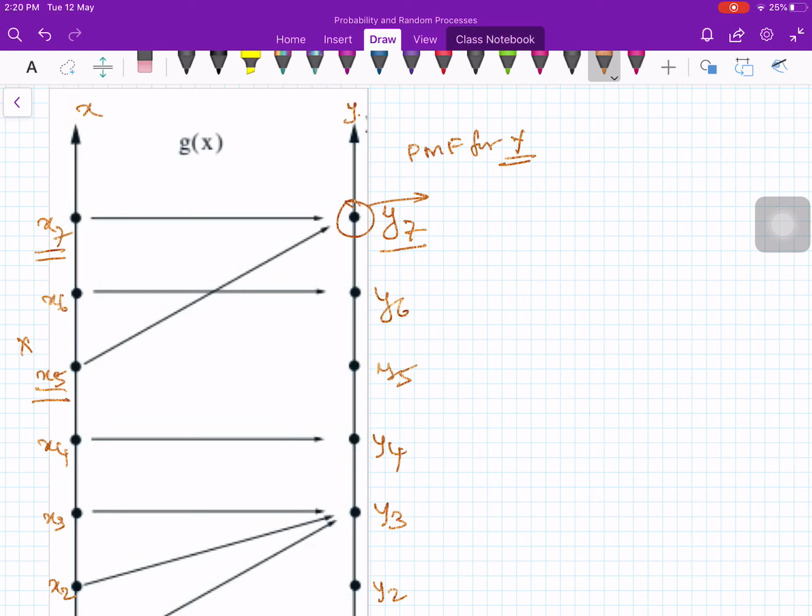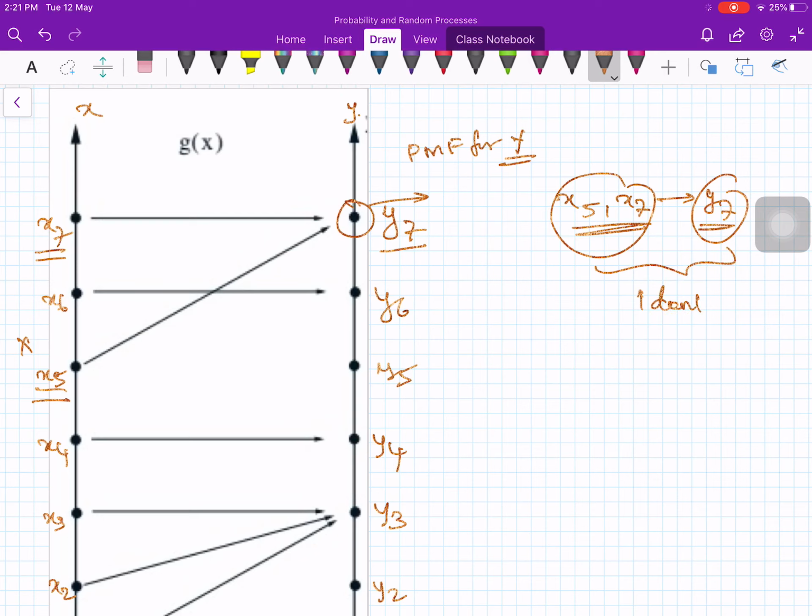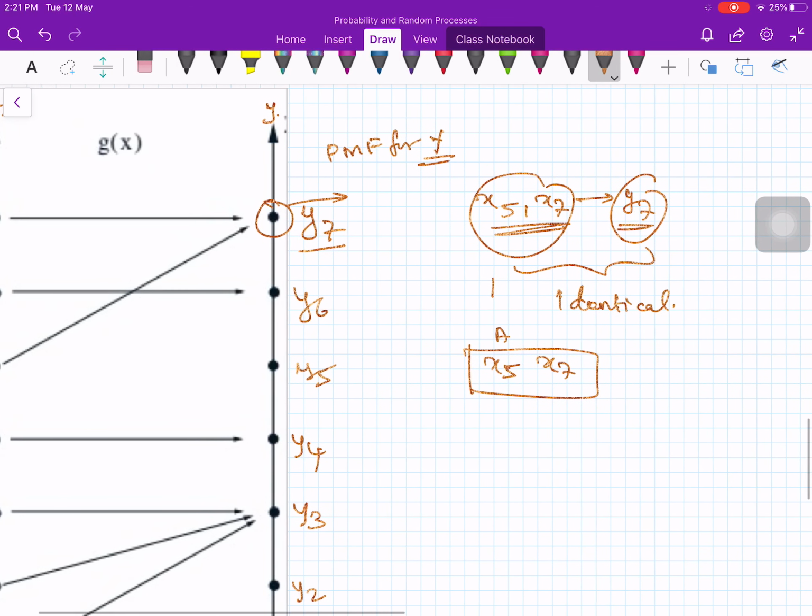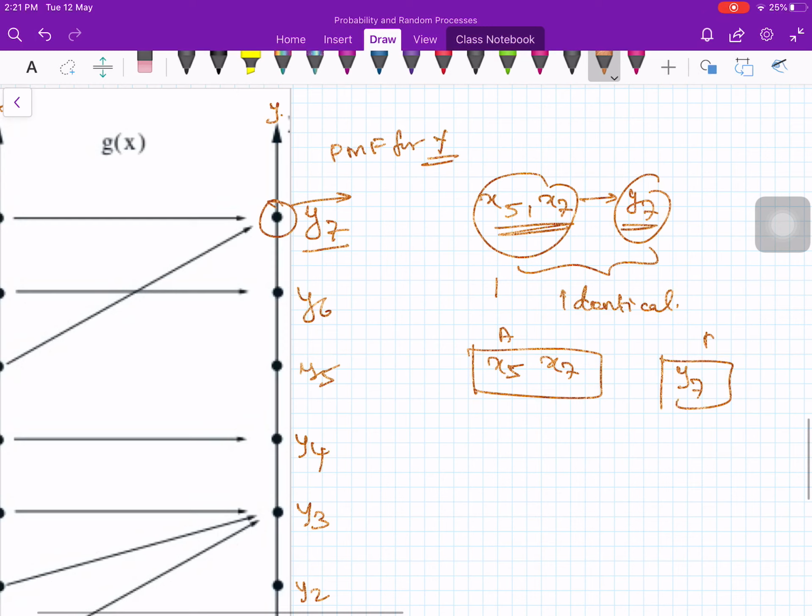So these two events, x5 and x7, give rise to the event y7. Therefore x5 and x7 are in the x space and y7 is in the y space. So these two events are identical. Let me call the set x5 and x7 set A, and y7 set B.